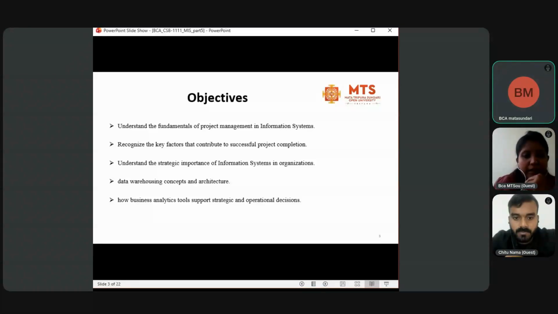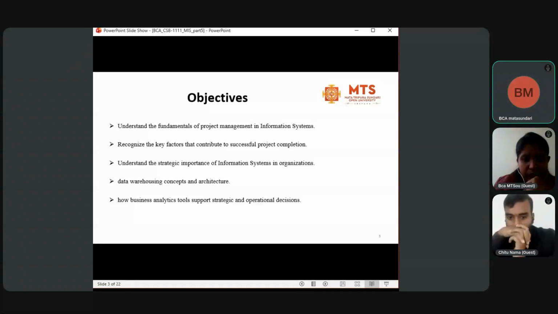And the fourth one is data warehouse concept and architecture. And the last one is how business analytic tools support strategic and operational decision. So these are the objectives: project planning, scheduling, and business strategy, and data warehouse.